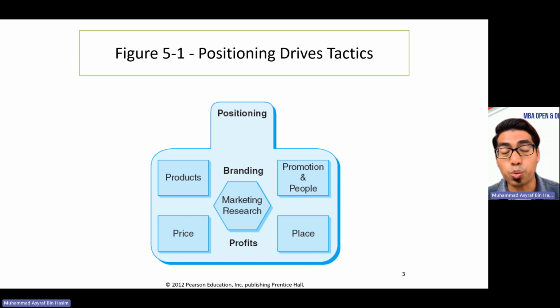Promotion is about communication with customers, or today they call it integrated marketing communication. It is important to remember that the fundamental objective of positioning is not the marketing activities themselves, but rather the resulting customer perceptions.